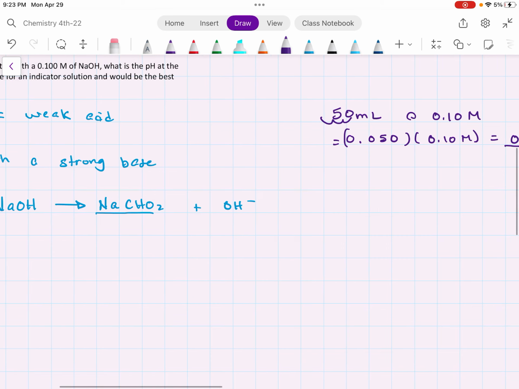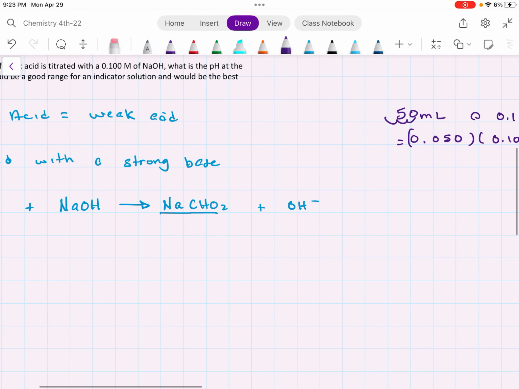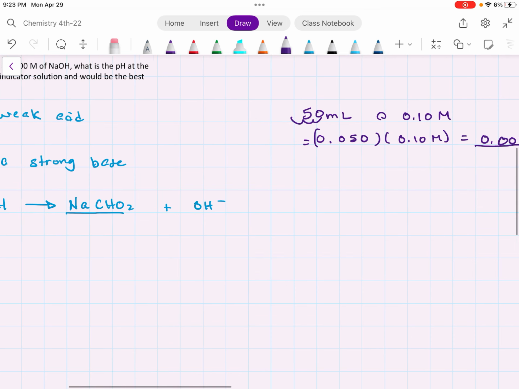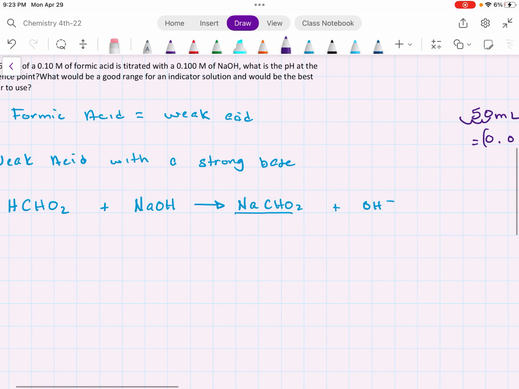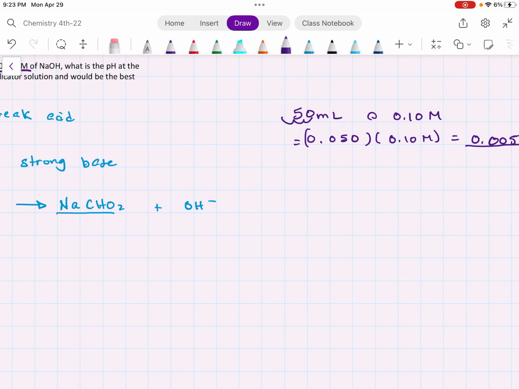Okay, so this is our starting amount of moles of the formic acid that we have to neutralize. Now, we're looking for the equivalence point of the NaOH. So what that means is we have to figure out how much of the NaOH we're going to add to neutralize 0.0050 moles of the acid, right? Now, we have a molar concentration of our NaOH, which is 0.100 molar.